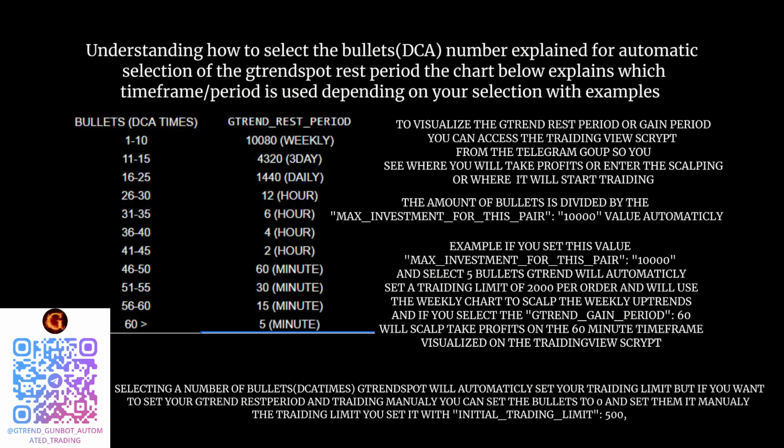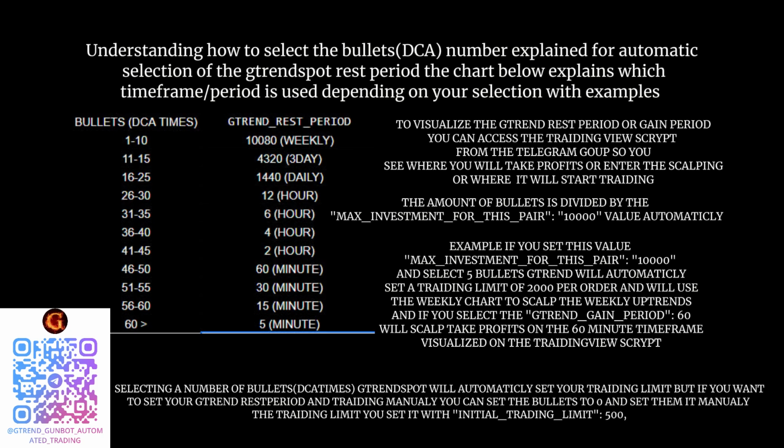So this means it will trade only when the market is moving up. For example, you can visualize it on the weekly. Let's say you choose 5 bullets, you can go to TradingView, the script for Gtrend, and you will be able to see where the entry will happen and when it will scalp the entire uptrend.